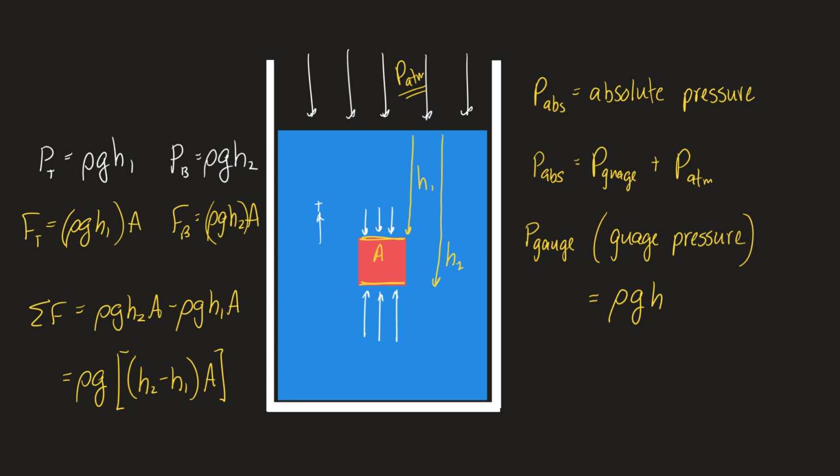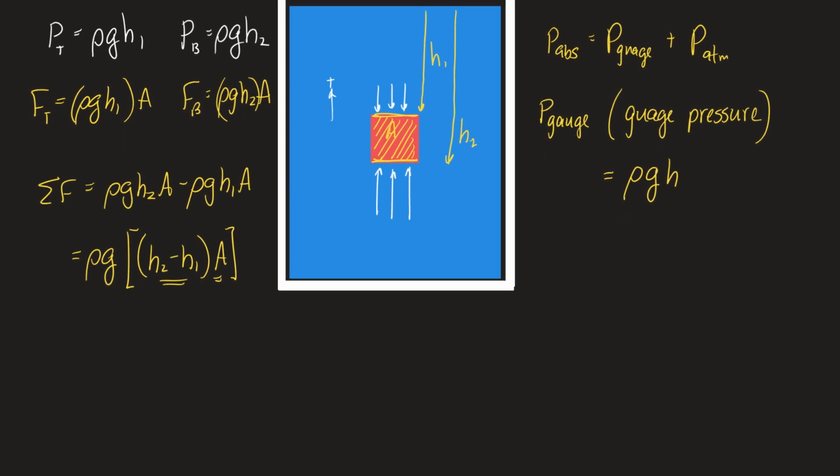If the area is the same, well, h2 minus h1 is just how tall the box is, right? Well, I'm taking the area of the box and multiplying by how tall the box is. Can you see that that's got to be the volume of the box? If you can see that, that should tell you that the buoyant force, which is the difference between these two forces, is rho g times the volume.